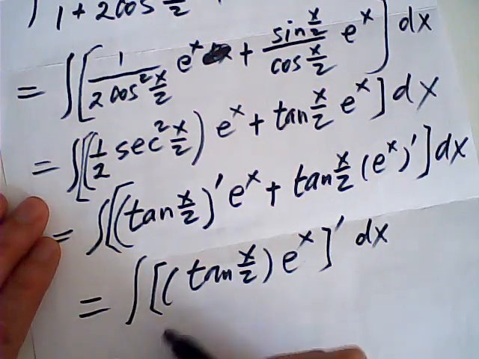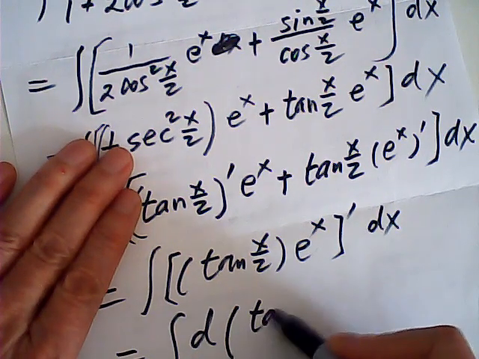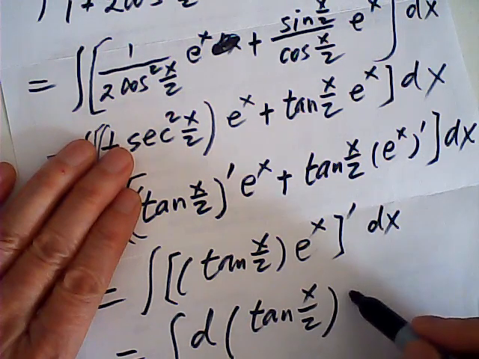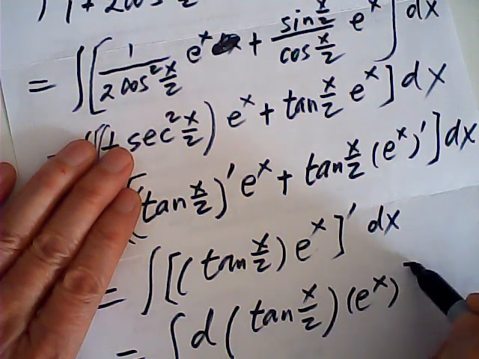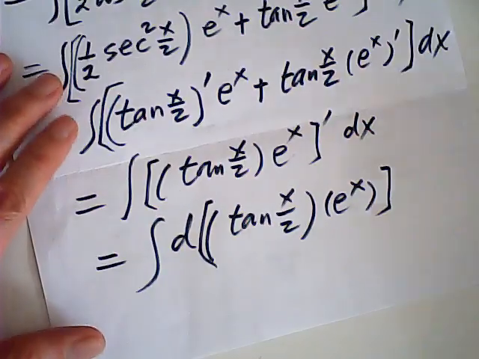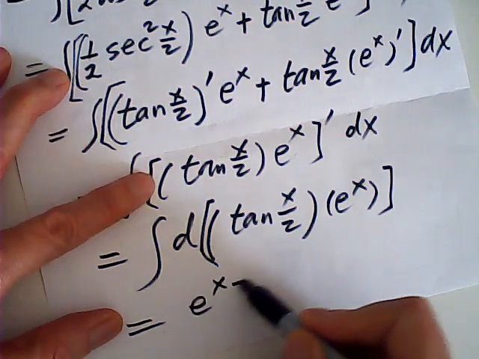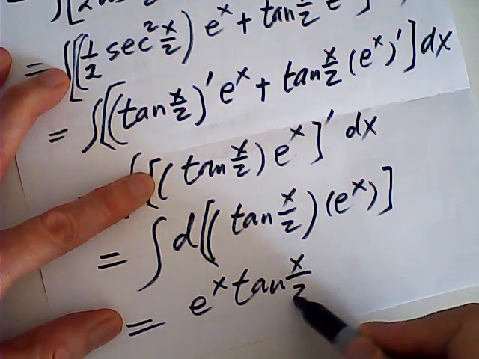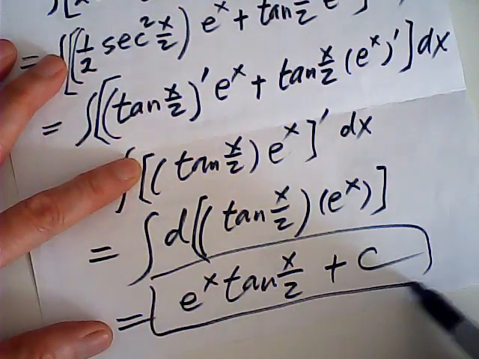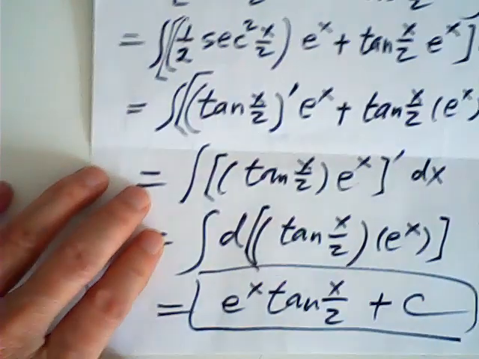This one is equal to the derivative of tangent half x times e to the x with respect to x, dx. That's the product rule. For that integral, the result is equal to e to the x tangent half x, plus c. Yeah, that is the result of this integral.